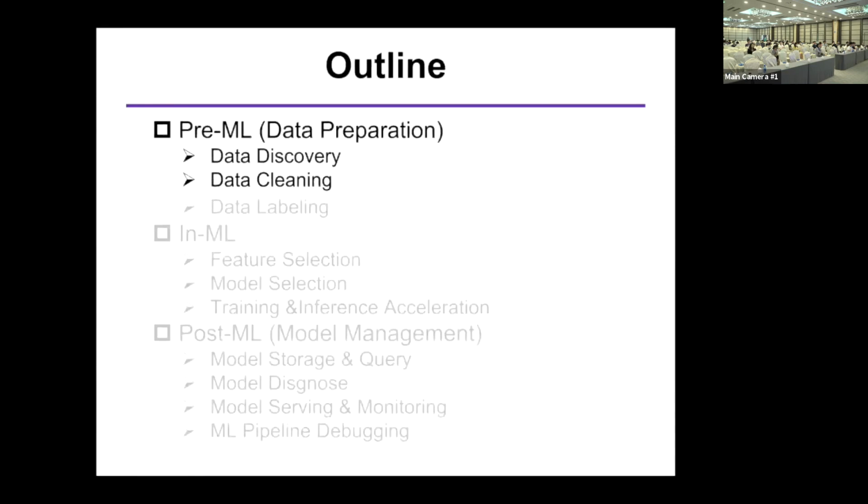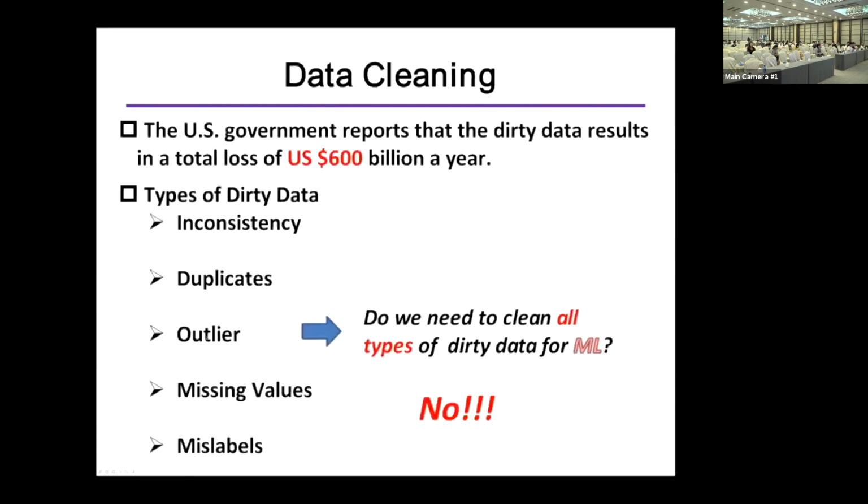Let's talk about data cleaning. So the data retrieved from external resources is always dirty. So data cleaning is always applied to detect and repair the dirty data. The US government reports that dirty data results in a total loss of about 600 billion US dollars a year.